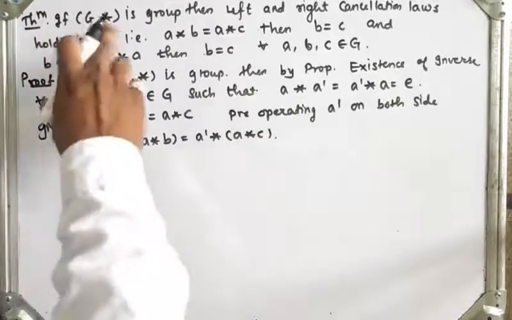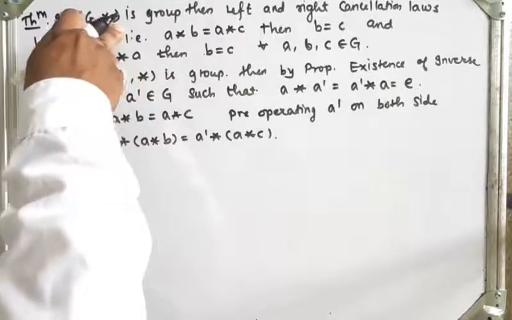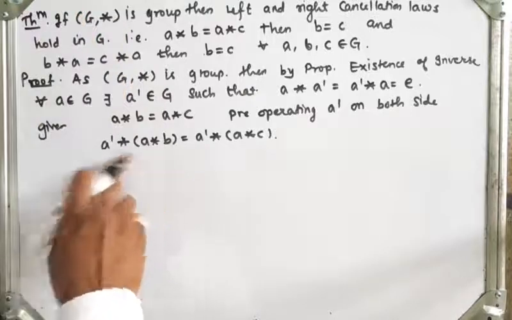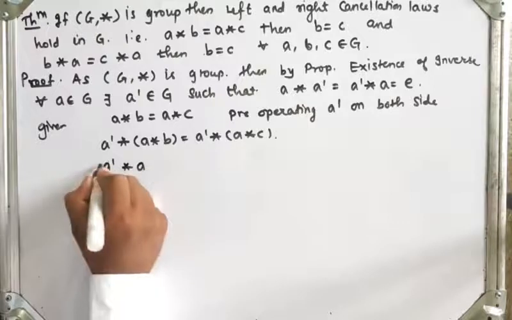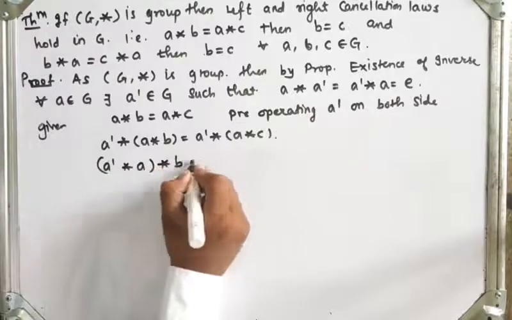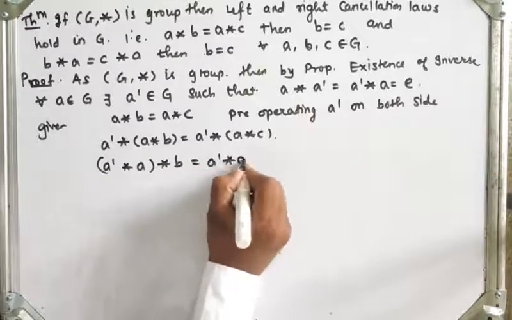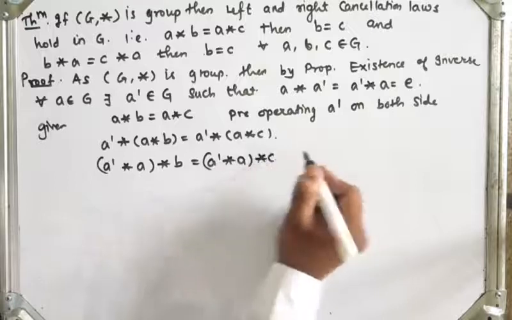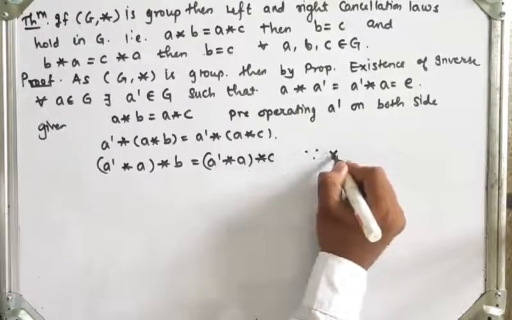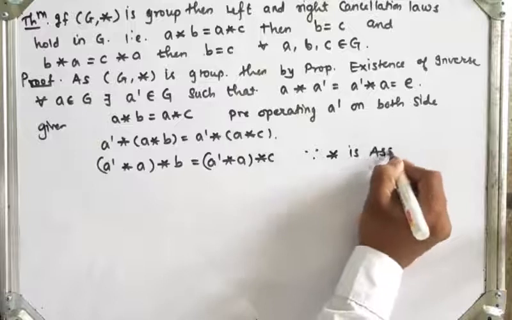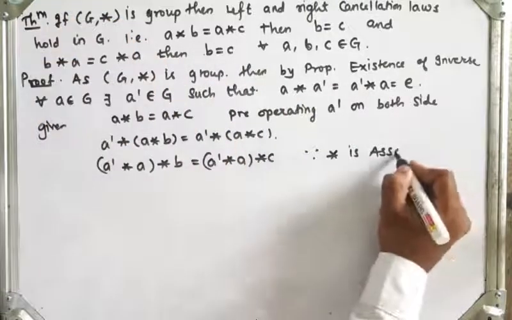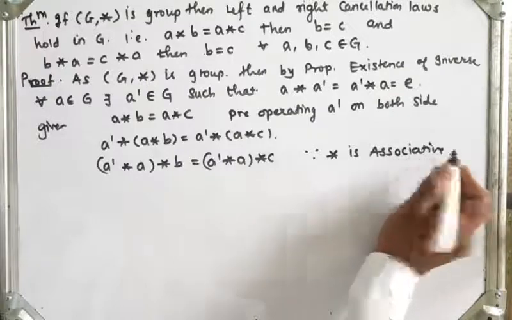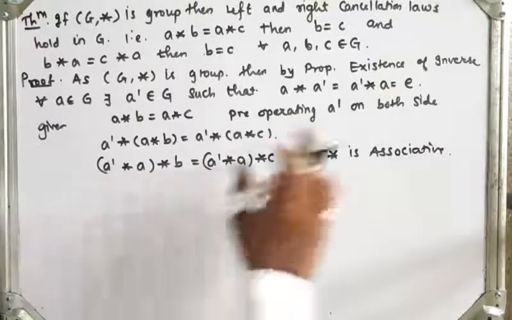Now G under binary operation star is a group, so it is associative. We write it as A dash star A star B is equal to A dash star A star C, since star is associative because G under star is a group. And A dash star A is equal to what?